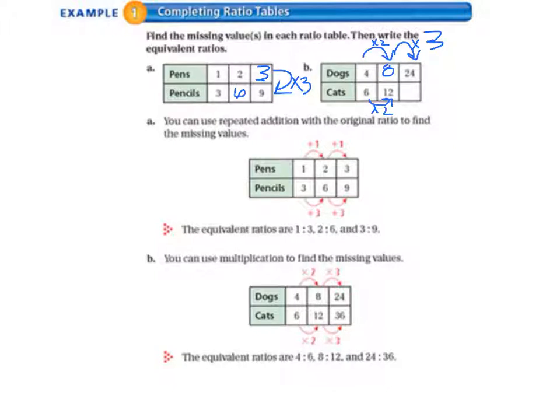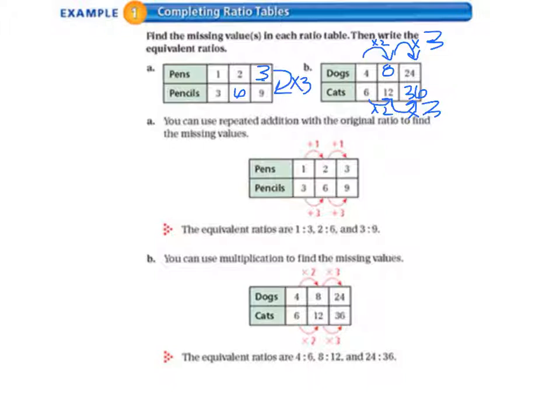So that would mean we would need to multiply 12 times 3 to get the number of cats that go in this box, and that would be 36. Another option is to add columns in here and go up by 2s so that you have a longer chart.